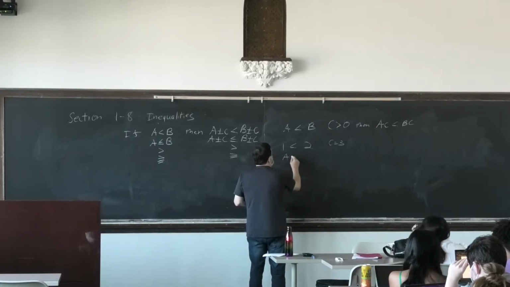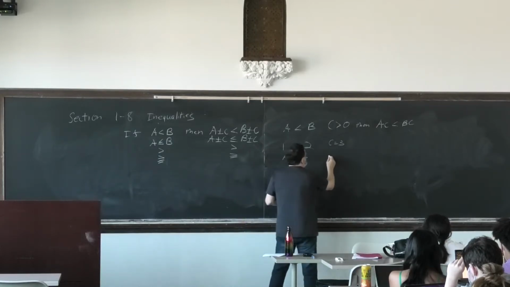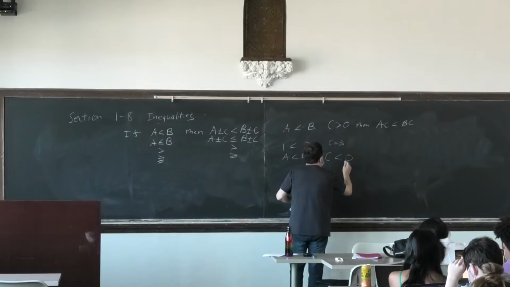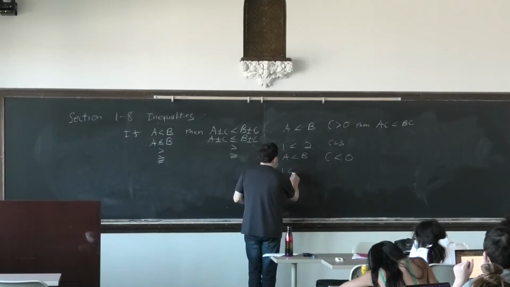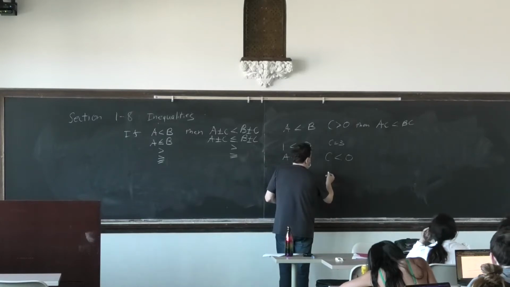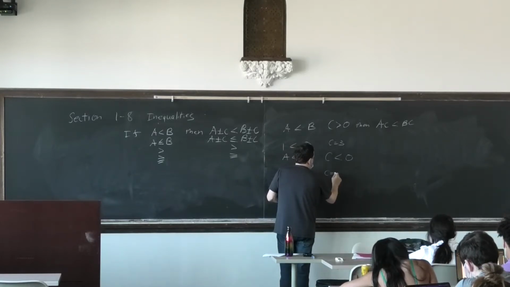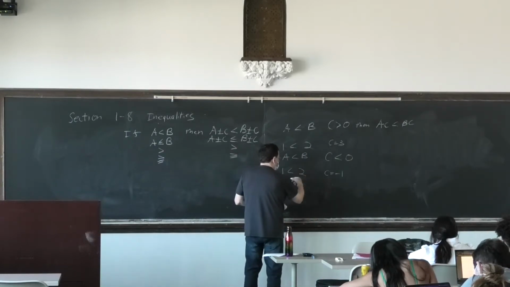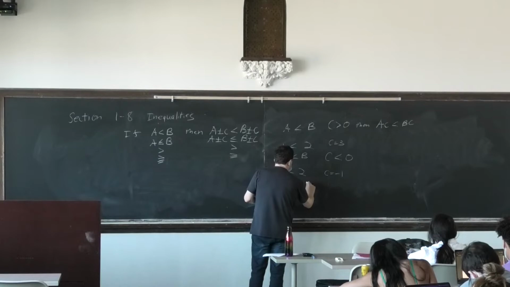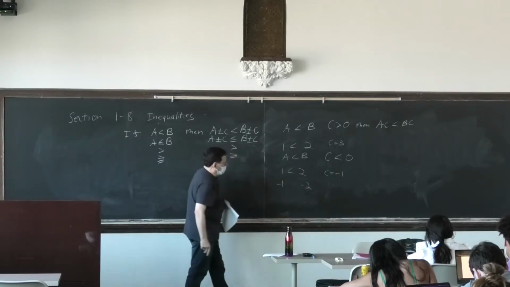What happens when A is less than B and C is less than 0? So we have 1 less than 2. Well, let's multiply both sides by negative 1. Negative 1, negative 2. What just happened?